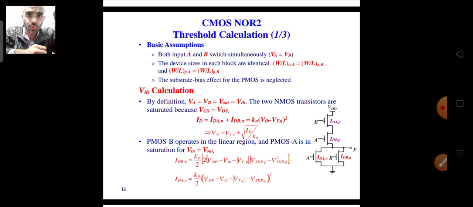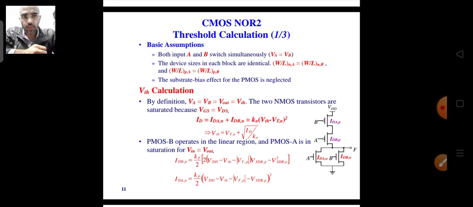So if gate to source is greater than drain to source, then obviously your transistor operates in the linear region. To operate in the saturation region, your drain to source voltage should be greater than VGS minus VTH. So this is not satisfying that condition, which is why BPMOS operates in the linear region, whereas APMOS operates in the saturation region.